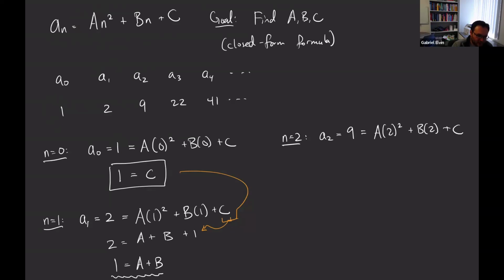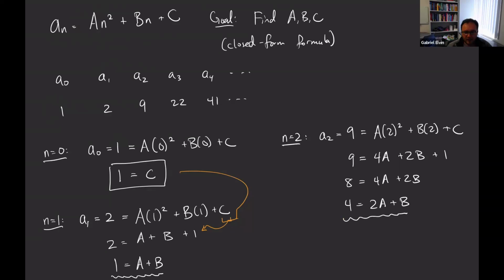Okay, so 9 equals 4a plus 2b, and I still know that c is equal to 1. Then subtract 1 from both sides, 8 equals 4a plus 2b. I can simplify this a bit, divide both sides by 2, you get 4 equals 2a plus b. All right, and that's another equation.